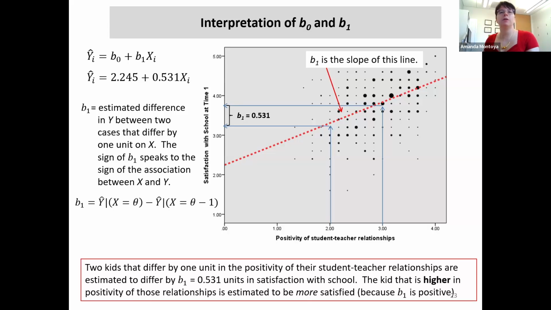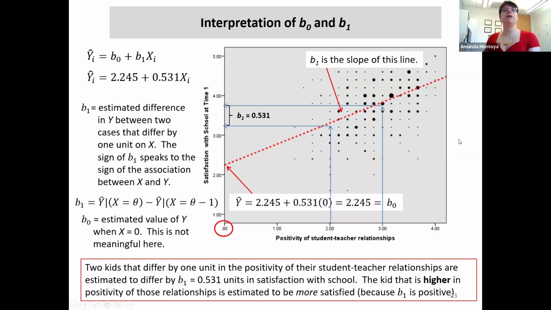So this is an interpretation that doesn't include that increase-decrease language, because in this specific design, we're not observing children over time, right? We're not watching their positivity of student-teacher relationships change or increase or decrease, but rather we're thinking of two hypothetical children who differ by 1 unit on their predictor variable and how much they're expected to differ on the outcome.